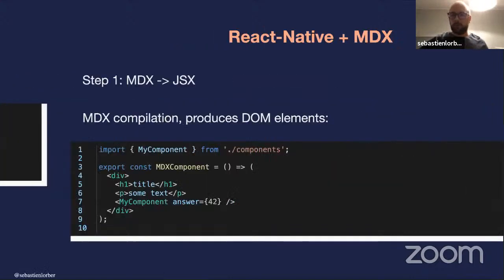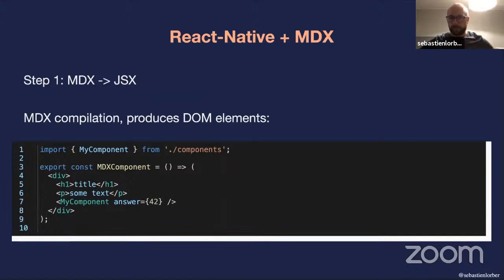The first step is to be able to transpile the MDX to JSX. This is part of the MDX compilation process. So once you feed the MDX transpiler with the MDX blog post, as an output it gives you something like this. So basically, it transforms a Markdown document into a React component.